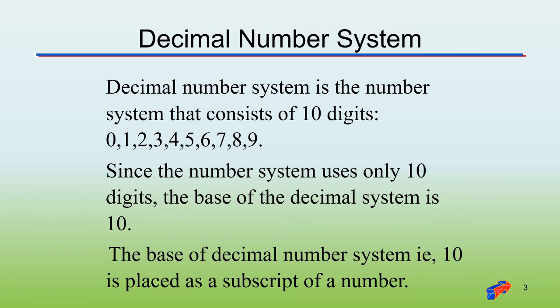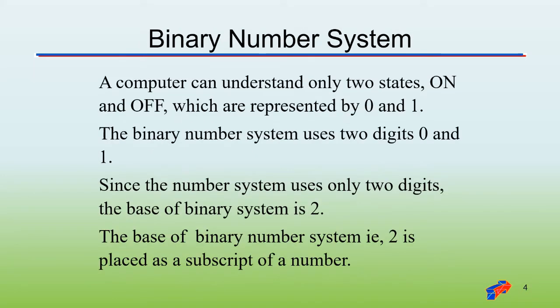Now we are going into binary number system. What do you mean by binary number system? A computer can understand two states, that is an on state and an off state, which is represented by 0 and 1. 1 means on and 0 means off.